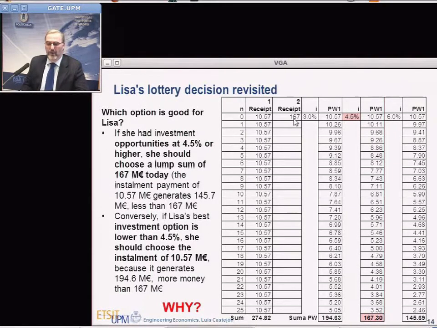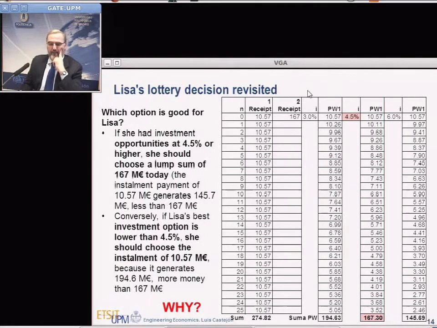So at an interest rate of 6%, which option will you choose?